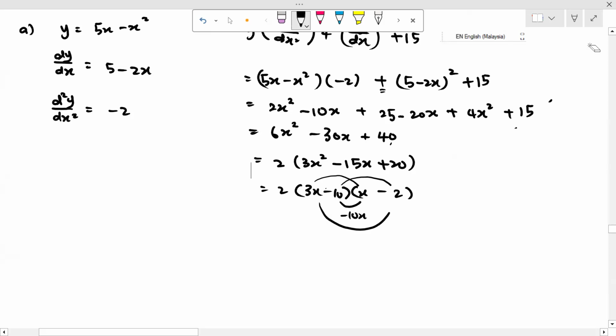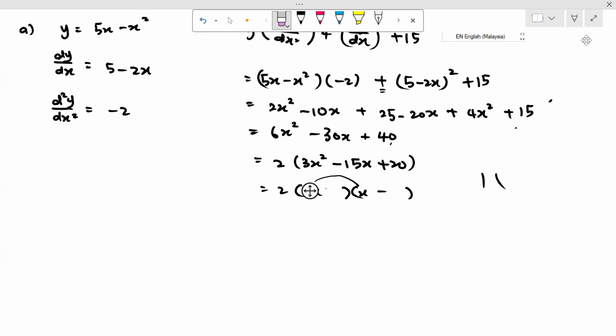This one cannot. 4 and 5 cannot. Alright, 1 and 20. 2 and 10. 4 and 5.